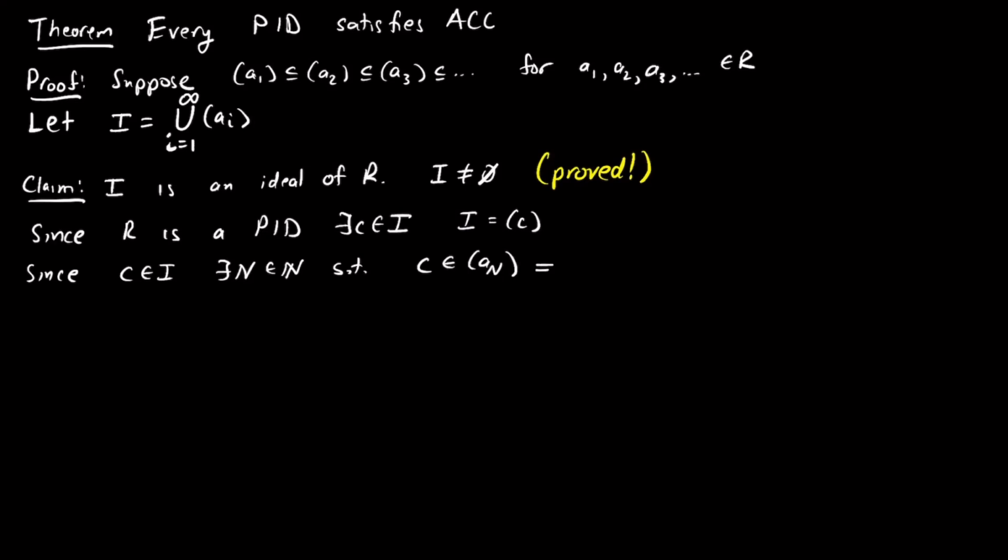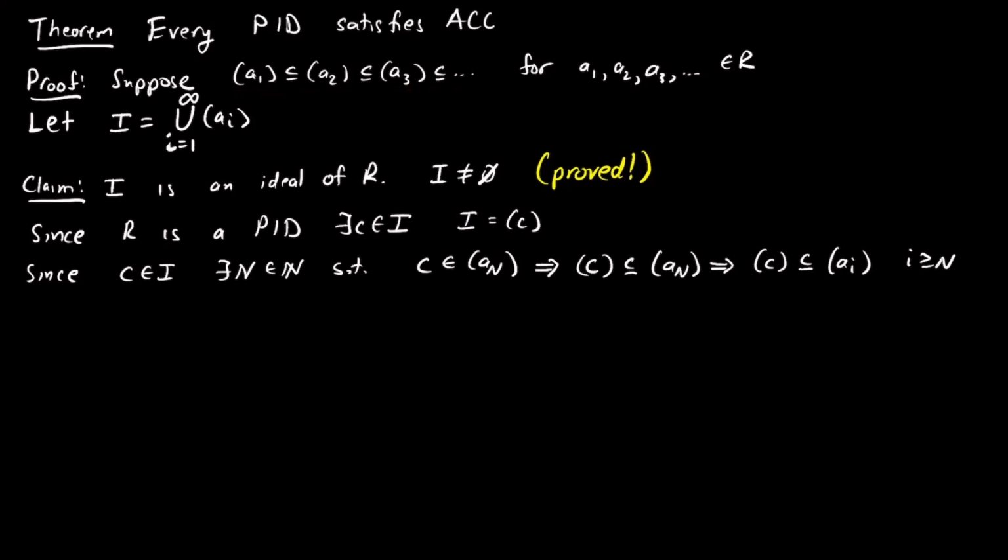So what does this tell me? This tells me that the ideal generated by c is a subset of the ideal generated by A_n. And what does this tell me? This tells me that the ideal generated by c is a subset of the ideal generated by A_i for i bigger than or equal to n. So I'm just using the fact that I'm working in this ascending chain up here.